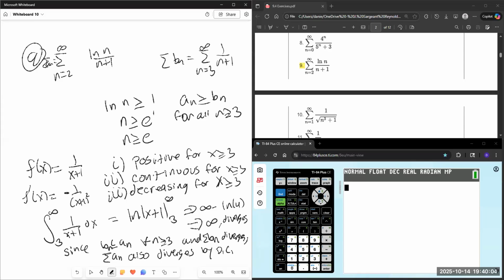We could compare it to other series other than this one. We typically like to try to compare to a geometric series or a P series when possible.